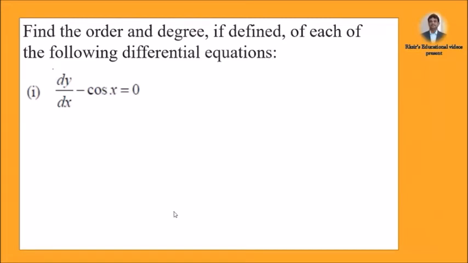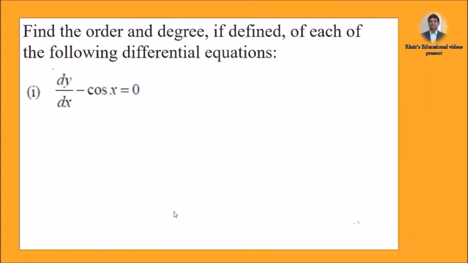Example: dy by dx minus cos x is equal to 0. Now dy by dx is the first order derivative, so its order is 1. And the entire polynomial form is of the first degree, no square forms, no cube forms, so the degree of the expression is also 1.